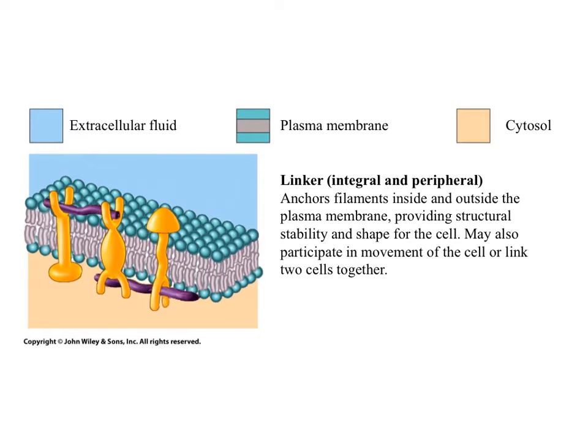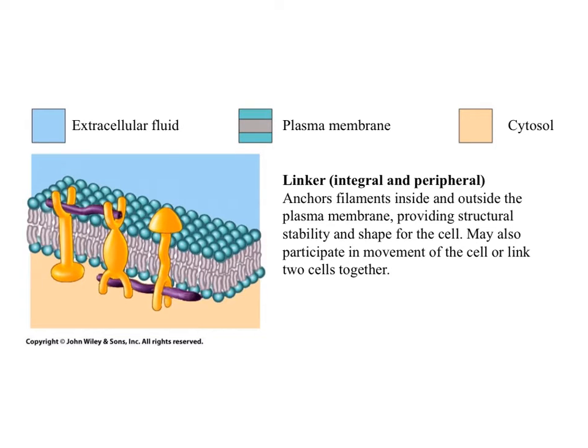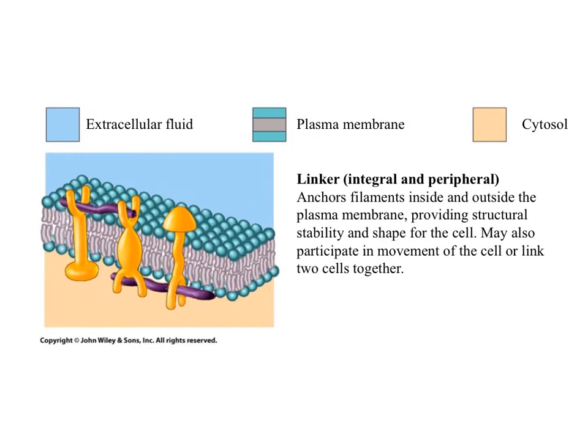Another type of protein are these linker proteins. They can either be integral or peripheral. So they can either extend through the membrane like you see in these pictures here, or they can be on either side.